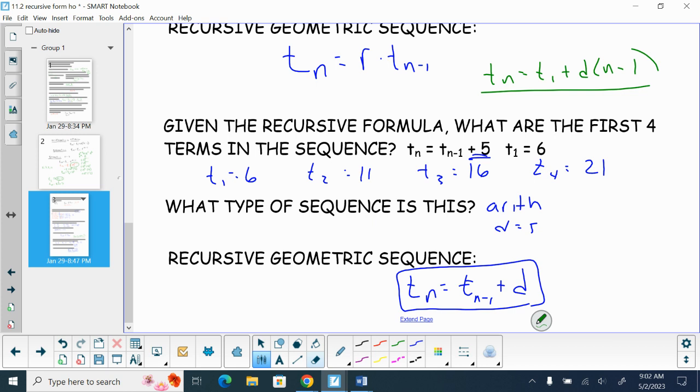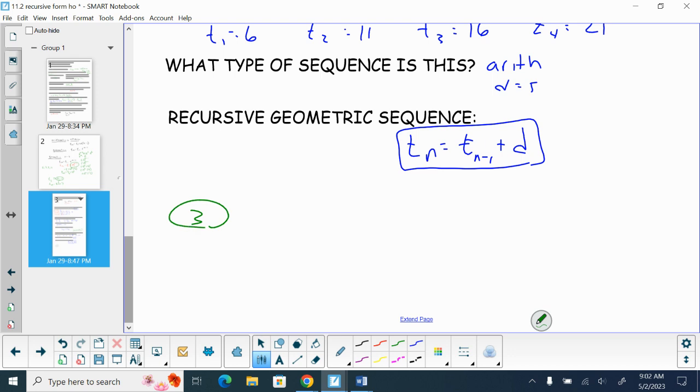What I suggest you do when you get recursive formulas is write out the first 3 terms. In problem number 3, we have T1 is 21. To get to my next term, I have to add 7. So we have 28 and then 35 and so on.